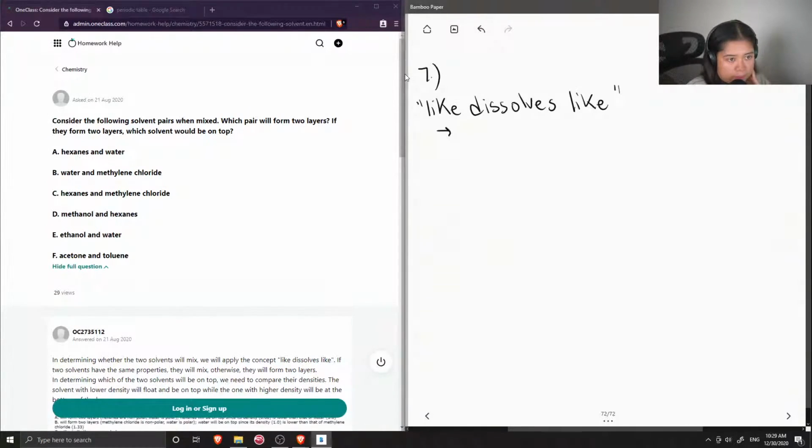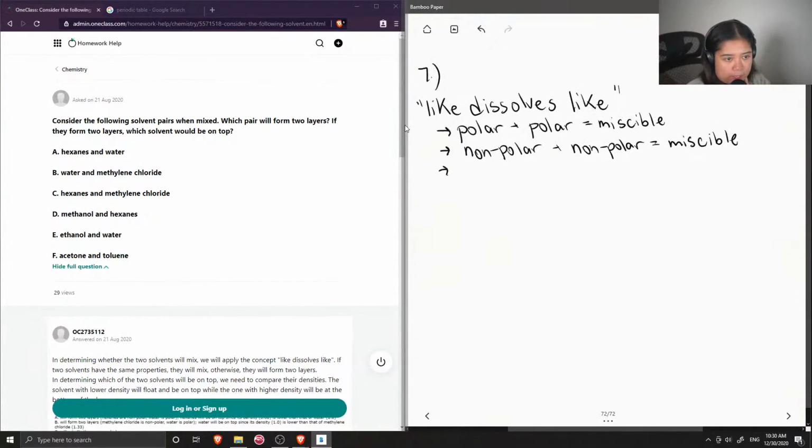So when we have a polar substance plus another polar substance, this is referred to as miscible, so that means they dissolve each other. Similarly, if you have nonpolar plus another nonpolar substance, then they dissolve each other as well, and they don't form 2 layers.